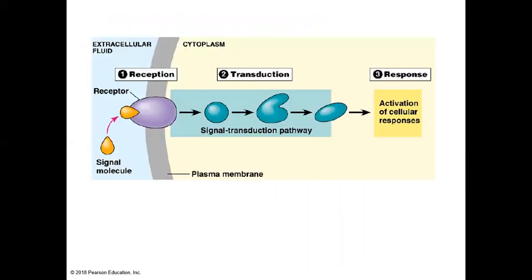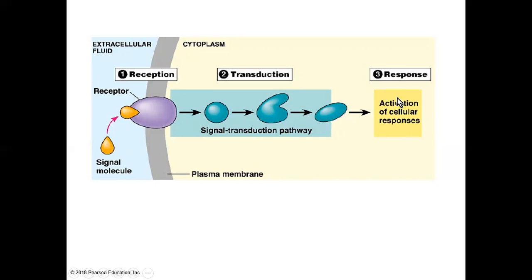So here are the steps of cell reception, cell signaling. A signal molecule is sent out by a cell, any cell, sends out a protein, and the protein signal will bind to the receptor on the surface of the target cell. This activates a series of proteins within the cell, which in turn activate other proteins, and activate another protein, and so on and so forth.